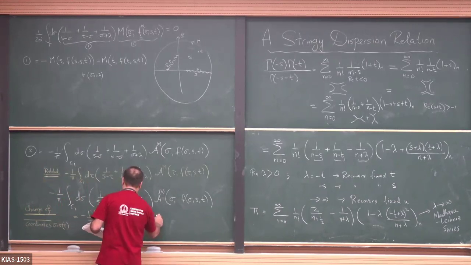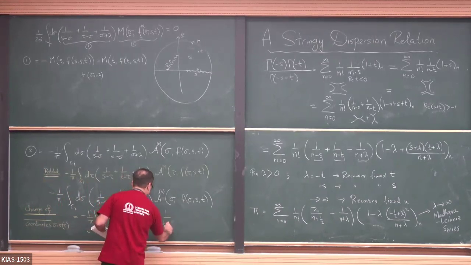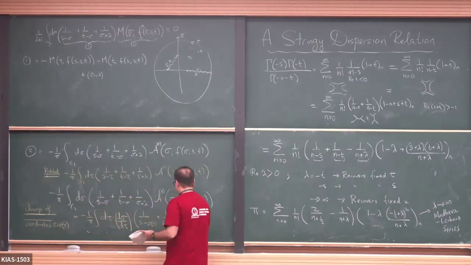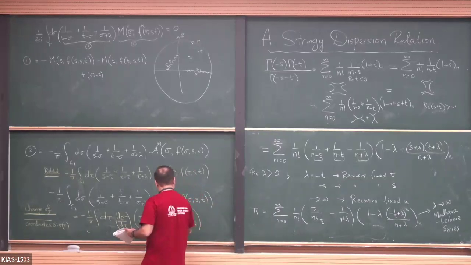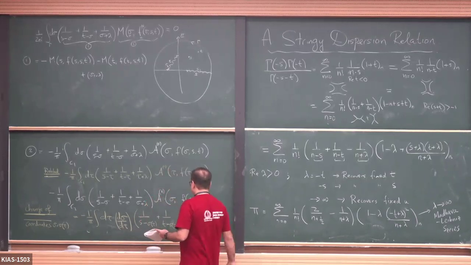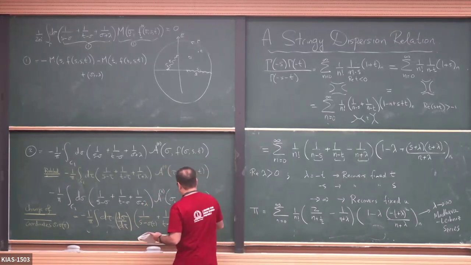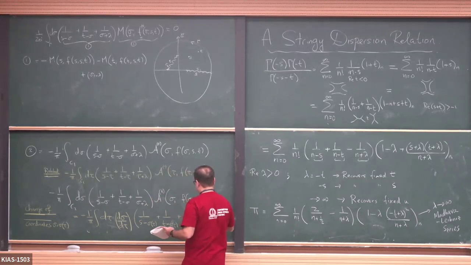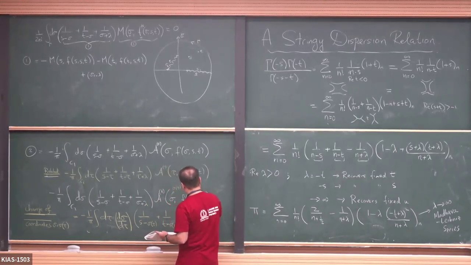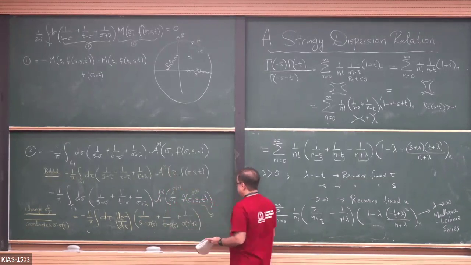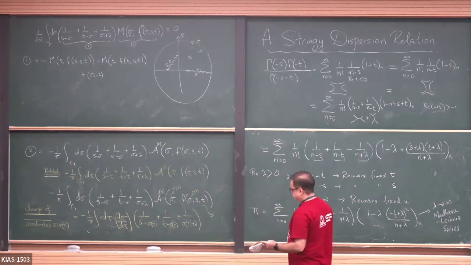I'll explicitly denote the tau dependence on sigma because I've not told you what function that is. I'm going to determine what this function is. And here, this gets replaced by sigma as a function of tau. This also gets replaced by sigma as a function of tau. So far we have done nothing. It's just a simple change of variables.